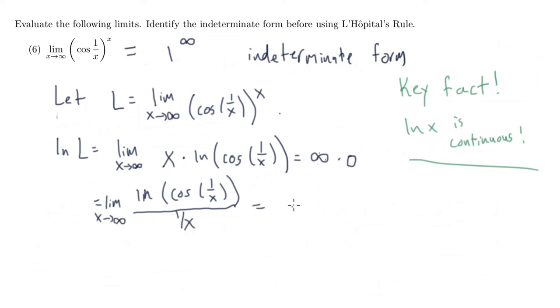And now we get the indeterminate form 0 over 0. So this is an indeterminate form. So let's apply L'Hopital's rule. So this is equal by LR.